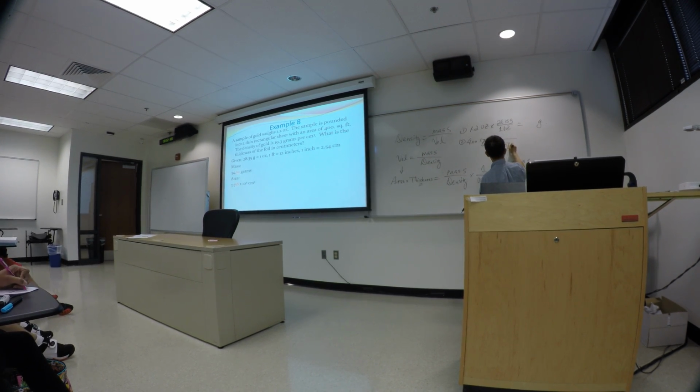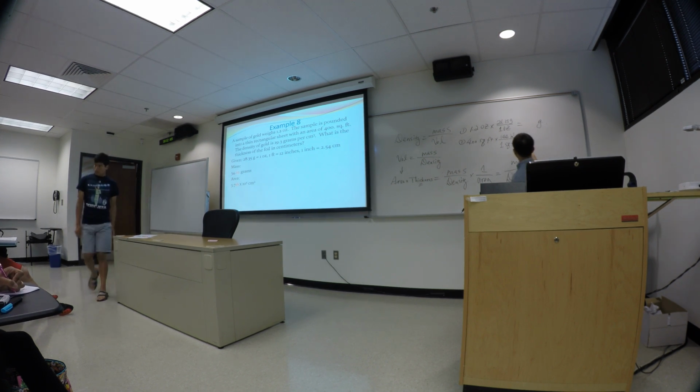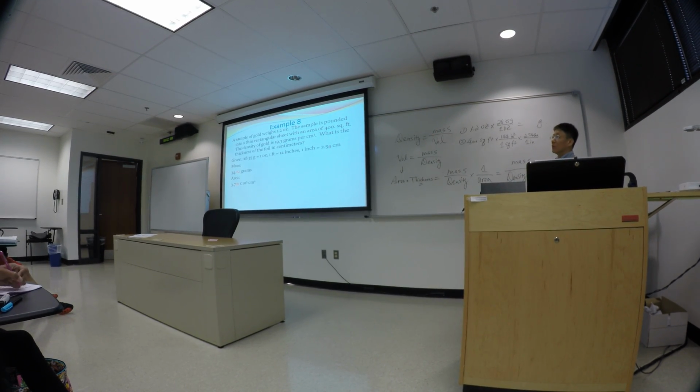1 square foot, 144 inch squared. Now we need to convert the inch squared to centimeter squared. 1 inch, 2.54 centimeter. Can we use that directly here, or do we need to do something else? Square inch here, inch here. Well, we have to square it.